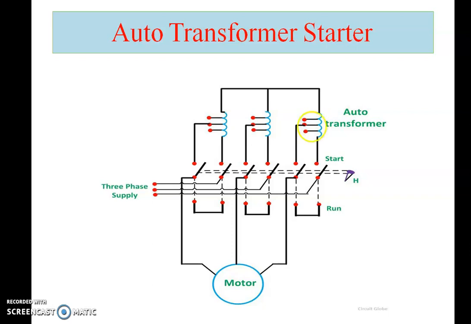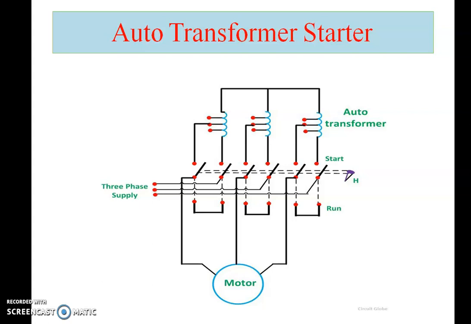That means during the 50% tapping, we are applying only 200 volt to the stator winding, and because of the reduced voltage during the starting conditions, the current will have a very small value. That means due to the reduced voltage, which is possible due to the tapping of the auto transformer, the current value is going to reduce. That means the heavy current will reduce, and hence it will protect the machines.